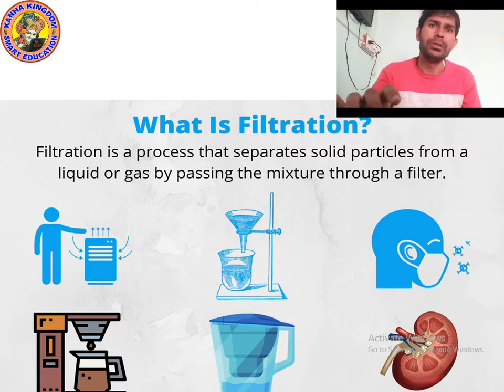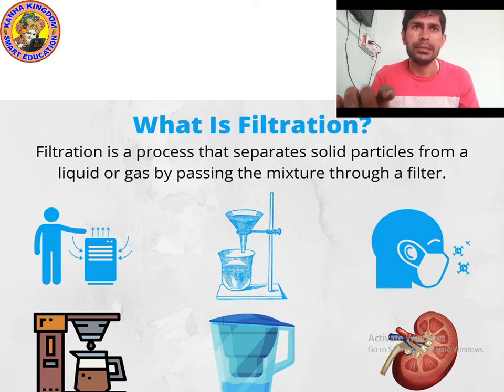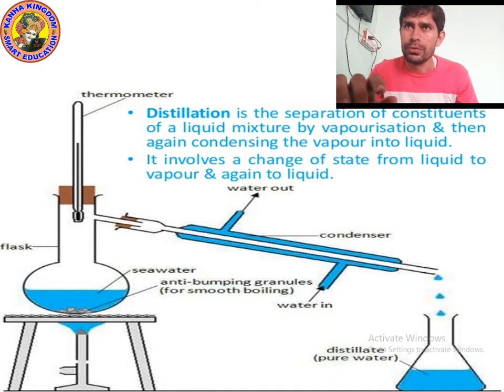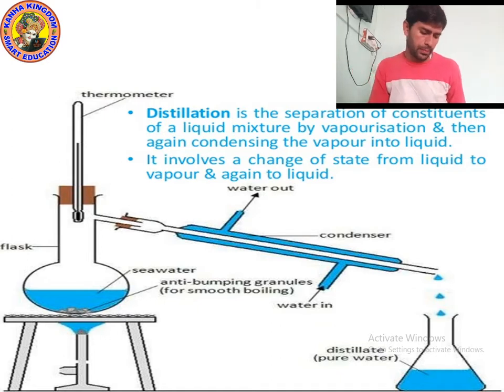I hope you understood. Now let's study distillation. Let's move on to the next point. Okay kids, as you can see in the picture, this is distillation. So what is distillation? Distillation is the separation of constituents of a liquid mixture by vaporization, then again condensing the vapor into liquid.